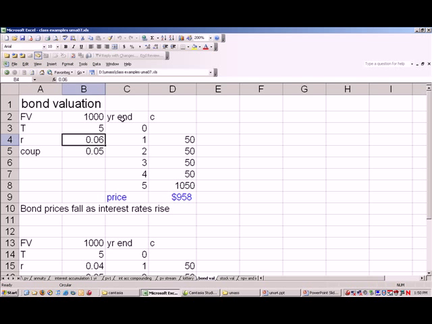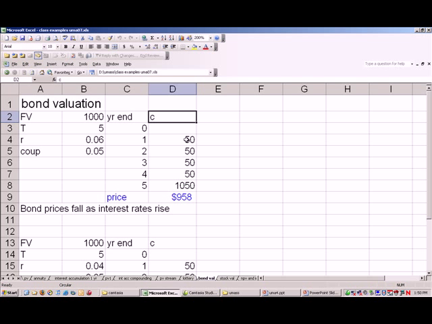So we want to calculate the present value of the stream of cash flows that you get if you buy the bond. We set up our typical cash flow analysis structure, where we have a column that indicates the year end that we're interested in, and we have years going from 0 to 5 in this case because the term of the bond is 5 years, and we have a column indicating the cash flow associated with holding the bonds.